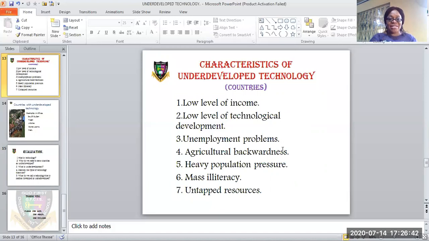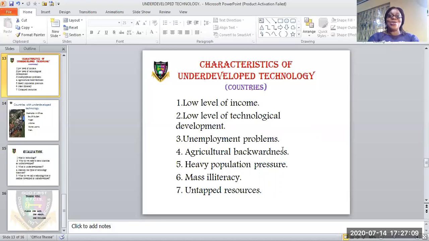Agricultural backwardness. Imagine the tools that we saw on the slide. Imagine a farmer or some farmers using that kind of tools to harvest, to do what he has to do on his farm. How far can he go when there are tractors around? How far can he go when there are pulleys around?